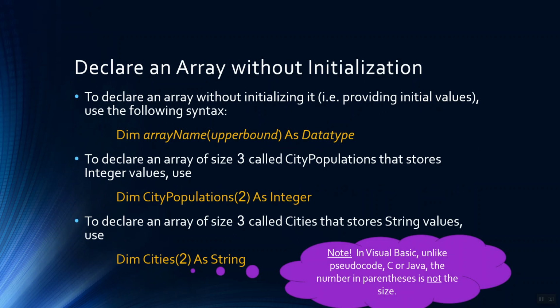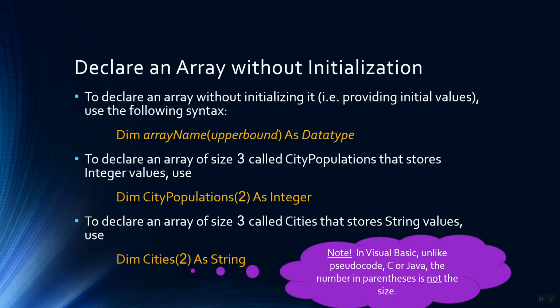Probably the only thing that students have run up against that could be a little bit confusing here is this concept of an upper bound in between parentheses. Our knee-jerk reaction is going to want to be to put the size of the array in between those parentheses. We have to be very careful because unfortunately Visual Basic departs from the pseudocode, C, and Java languages.